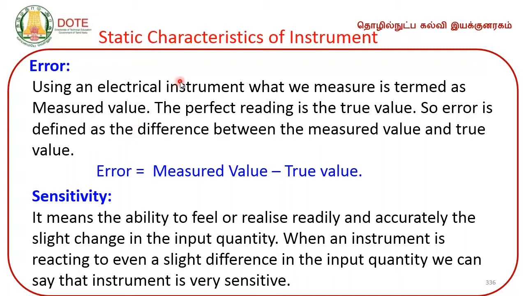The perfect reading is the true value, the actual value. The instrument gives us the measured value. So, the difference between these two is the error, right. Error is nothing but the measured value minus the true value.